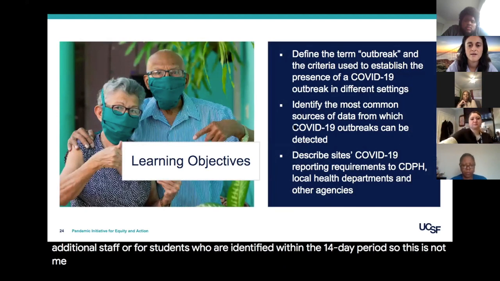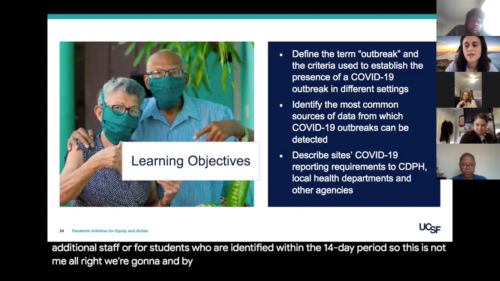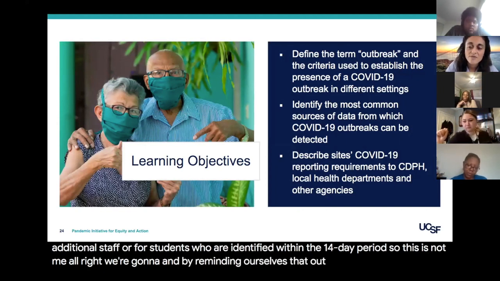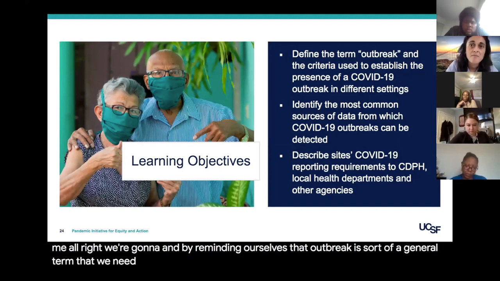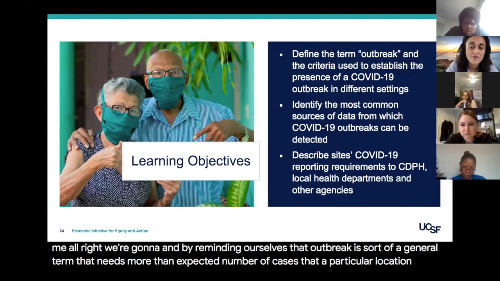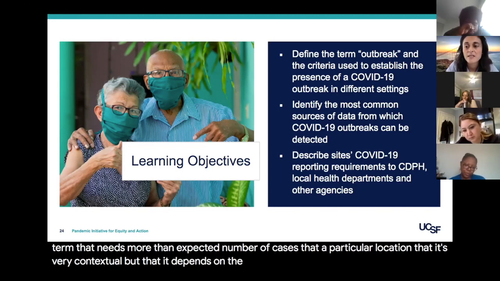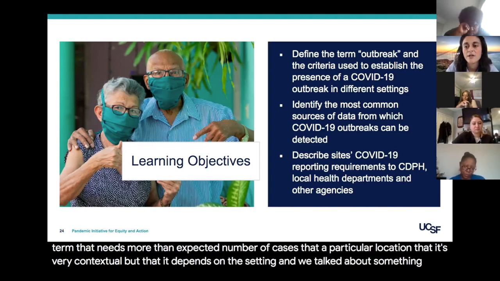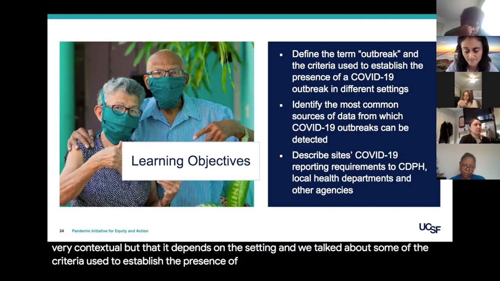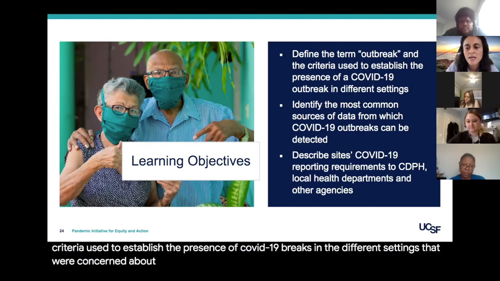Great. All right. So we're going to end by reminding ourselves that outbreak is a general term that means more than an expected number of cases at a particular location, that it's very contextual and depends on the setting, and we talked about some of the criteria used to establish the presence of COVID-19 outbreaks in the different settings that we're concerned about.